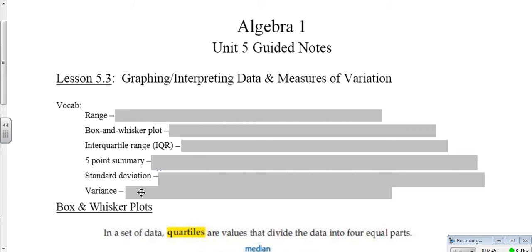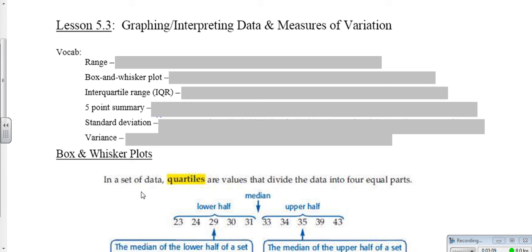Let's say we're talking about heartbeats. 4 heartbeats squared doesn't make much sense to anybody. So if you square root that 4 and get 2, then you would say the standard deviation is 2 heartbeats. That makes more sense in discussion than heartbeats squared. That's harder to interpret. So let's look at box and whisker plots.